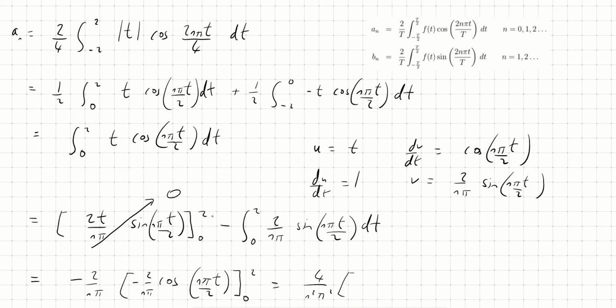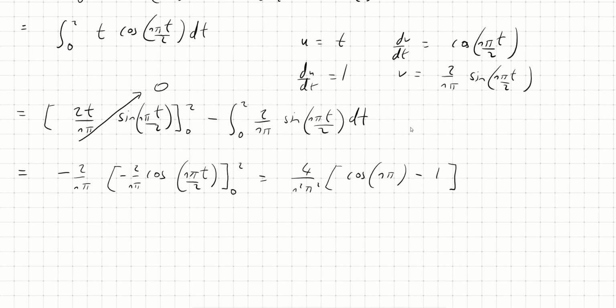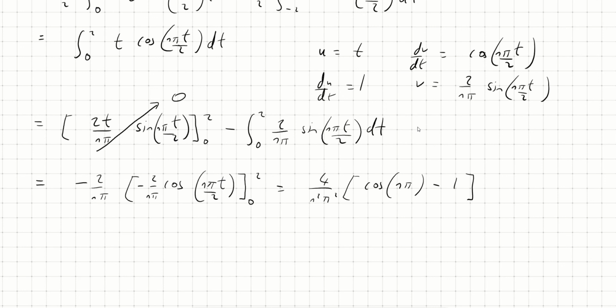We substitute in our limits: when t equals 2, we get cos n pi, and when t equals 0, we get 1. Take away 1. And a useful result whenever you're doing Fourier series is that cos n pi is equal to minus 1 to the n. So this just comes to 4 over n squared pi squared times minus 1 to the n minus 1.